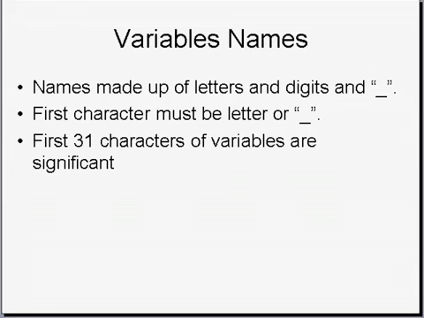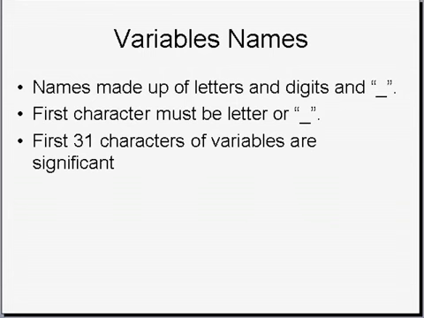And how long can variable names be? For internal variable names, the first 31 characters are significant. That means you can have variables longer than 31 characters, but the first 31 characters will be significant throughout the program.